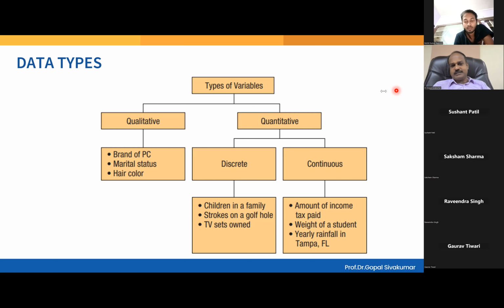Countable data as well. Now, mathematical operations, there will be a limitation with your categorical data. But continuous data, there are no limitations. It will be more accurate and you can perform all mathematical operations. You can add, subtract, multiply, divide. But here, only certain operations are possible.